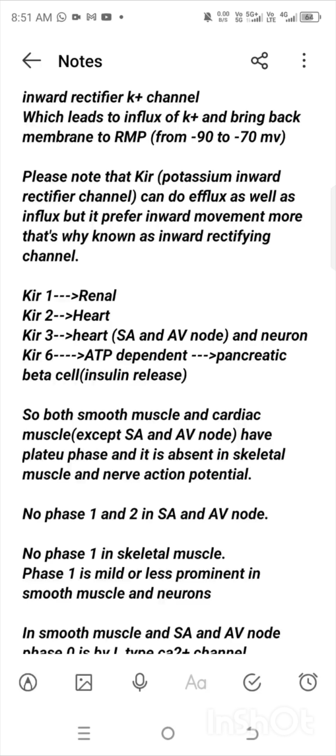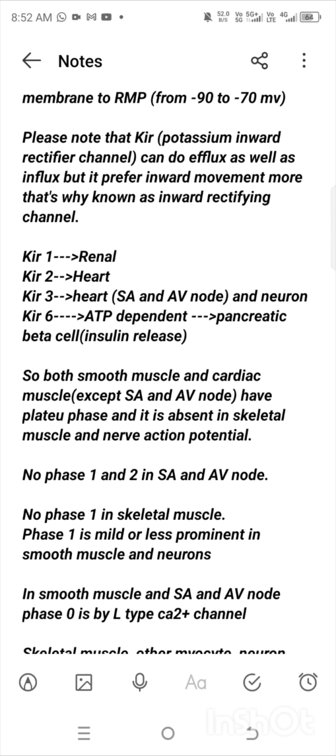Mutation in KIR3 leads to epilepsy seizures in neurons. Mutation in KIR6, present in pancreatic beta cells, leads to neonatal diabetes. It is ATP sensitive and ATP dependent. KIR1 mutation also leads to Liddle syndrome in the kidney.